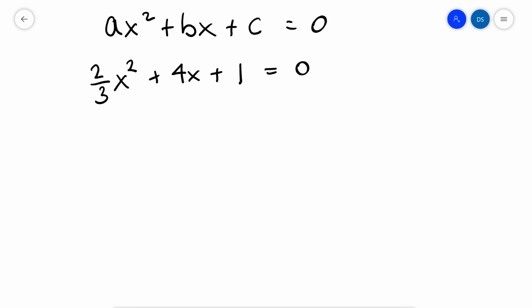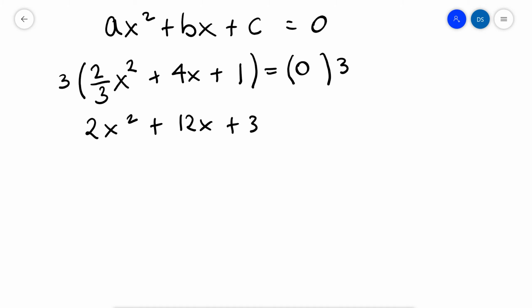Okay, so what we do first is we're gonna multiply both sides by the denominator 3. So then it gives you, by the distributive property, 2x squared plus 12x plus 3 equals 0. Okay, this is more familiar.